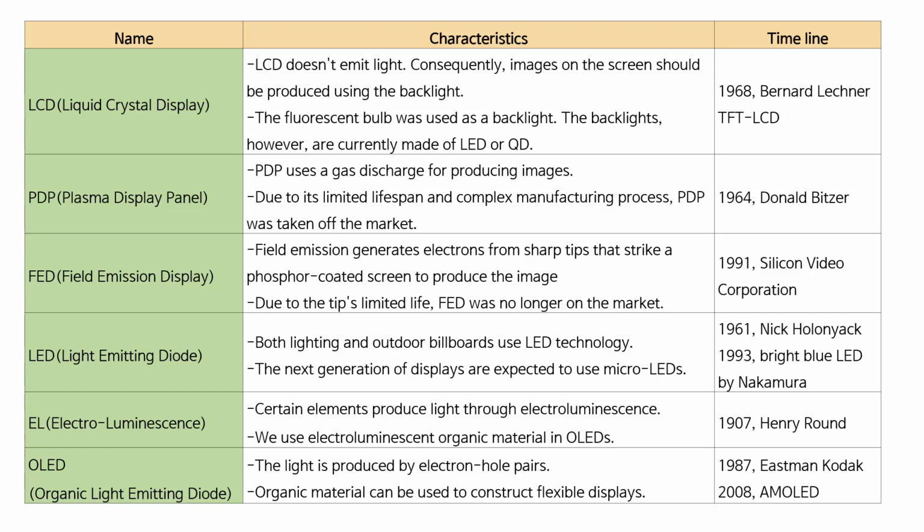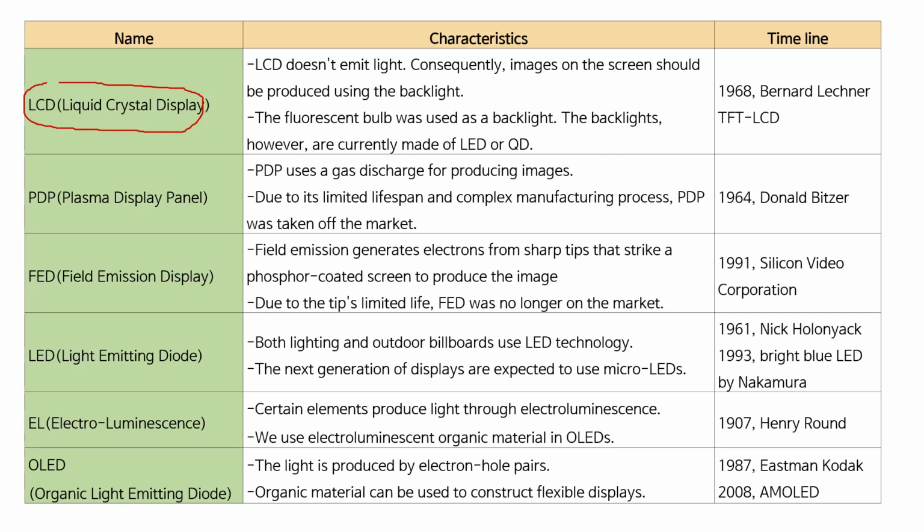In this table, we can see various flat panel displays. Let's see LCD first. We will explain these displays in detail further below. But in this table, we roughly explain what type of displays these are.